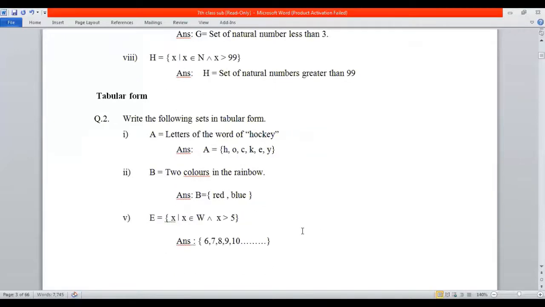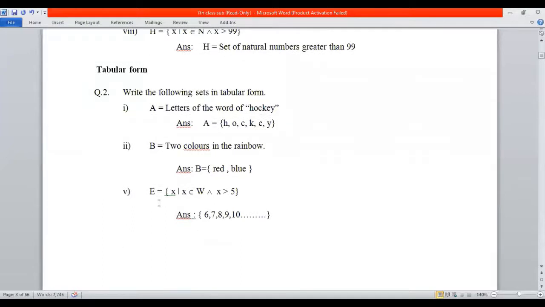It's given in set builder notation. So you are given E is equal to {x such that x belongs to W}. W means whole numbers. And you know the difference between whole numbers and natural numbers: whole numbers start from 0, 1, 2 and so on, and natural numbers start from 1.